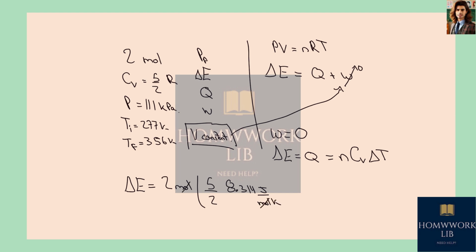Mole and mole cancel out. 2 and 2 cancel out. Here we're multiplying. And finally, by the value for delta T. That is 356 Kelvin, my final temperature, minus my initial temperature, which is 277 Kelvin. As you can see, Kelvin and Kelvin cancel out properly.